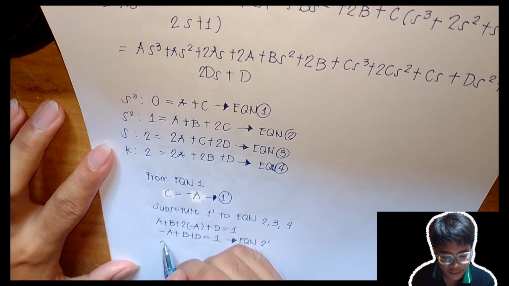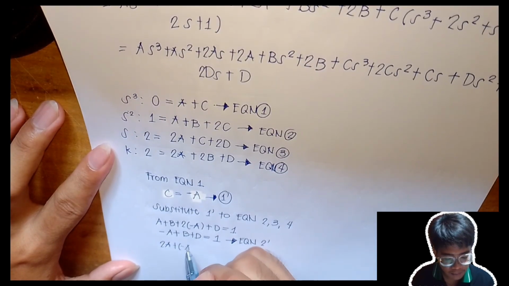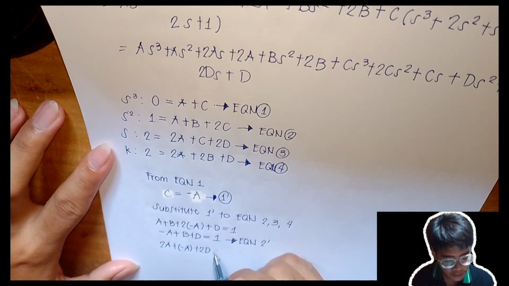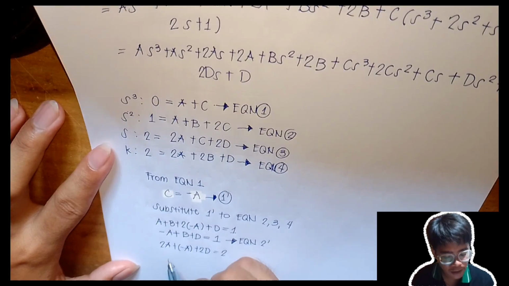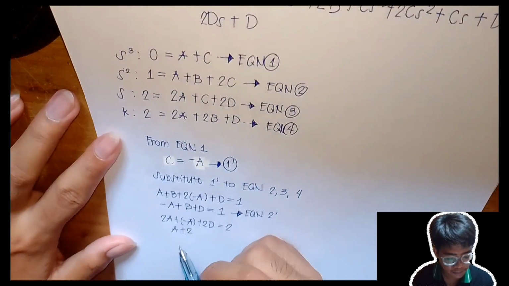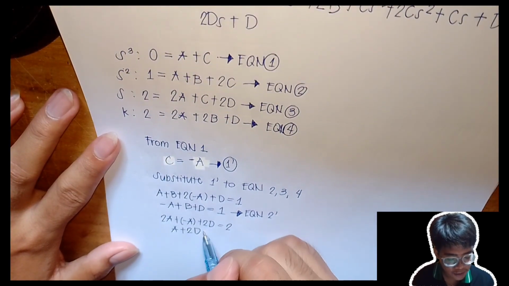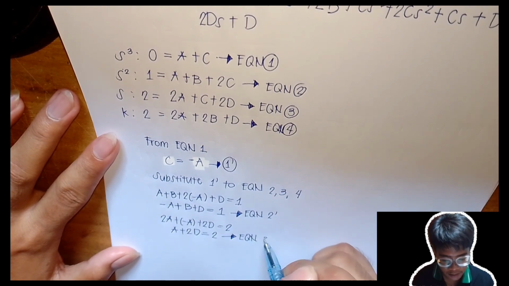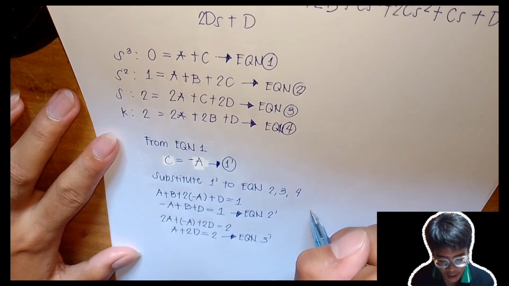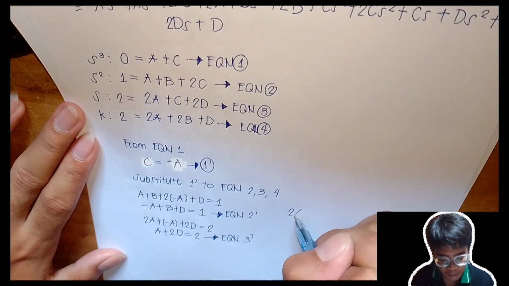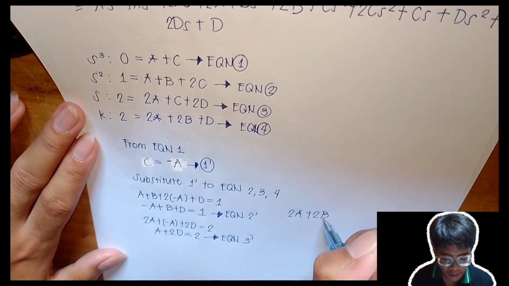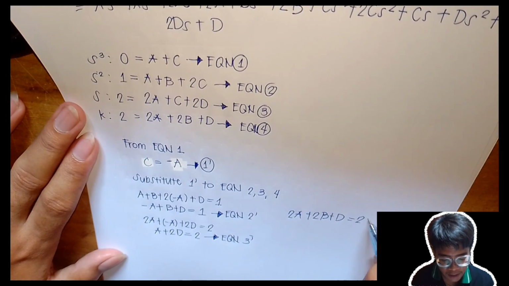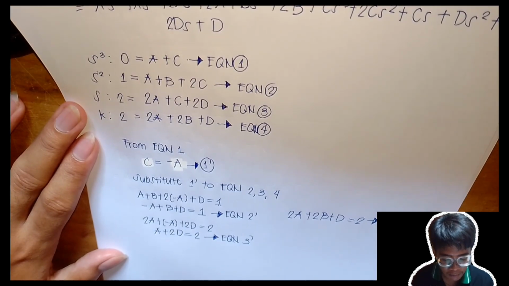For equation number 3, 2A plus negative A plus 2D is equal to 2. A plus 2D is equal to 2, equation 3 prime. For equation number 4, 2A plus 2B plus D is equal to 2, equation 4 prime.